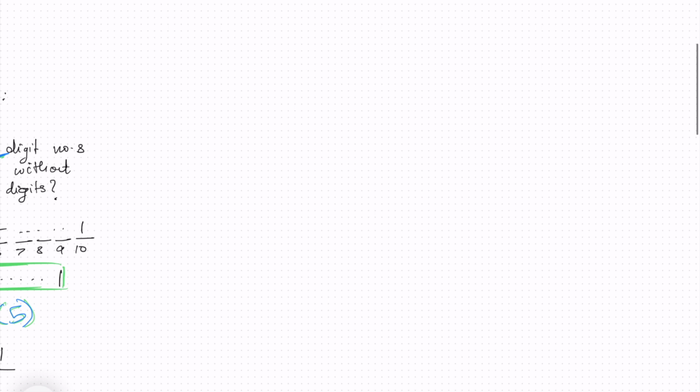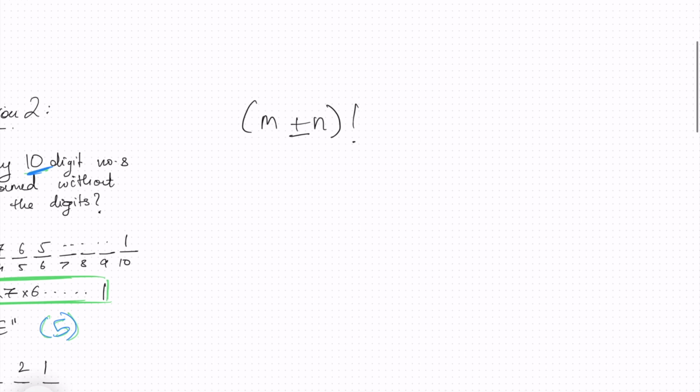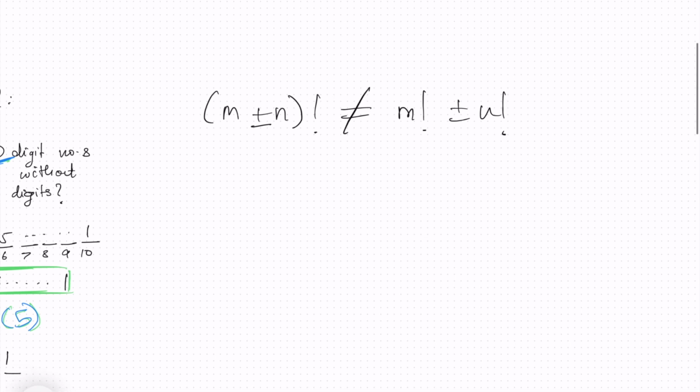Now, a few important properties: factorial as an operation is not commutative or associative. That is, (m plus n) factorial, or actually m plus minus n, you can either add m plus n or m minus n, is not equal to m factorial plus minus n factorial, right?